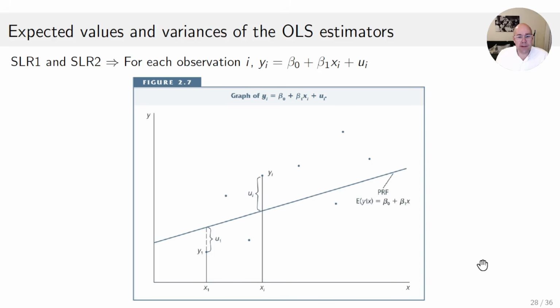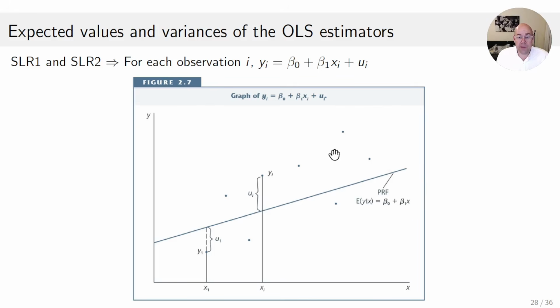We've seen that before, it's also in this figure here. This figure plots y against x. Each dot in this figure is an observation, a particular combination of x_i and y_i. What we do know is that there is the systematic part, beta naught plus beta 1 x, the population regression function, for which we can write that the expectation of y given x is beta naught plus beta 1 x.